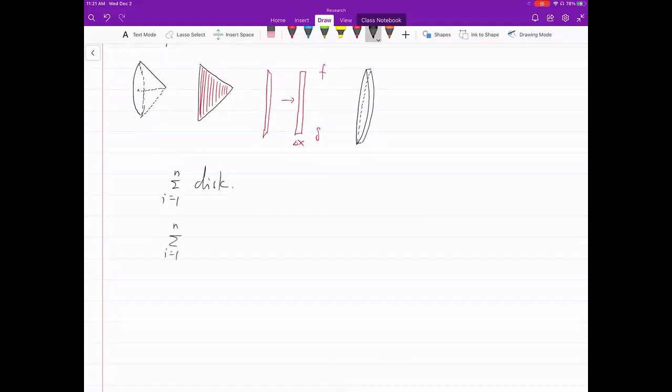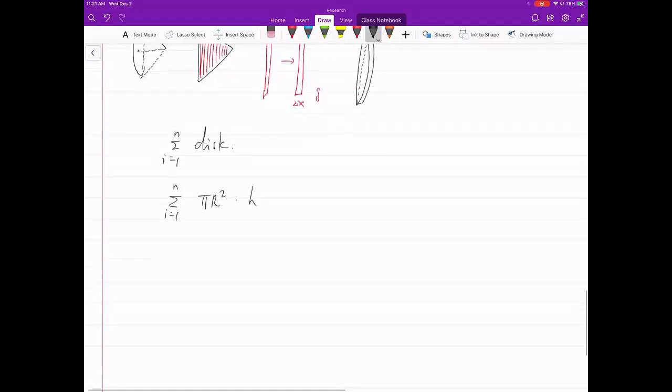Then all you need to do is figure out the volume of a disk. Do you know the formula for the volume of a disk? What is a disk? It's basically a very thin cylinder, right? Do you know the volume of the cylinder? Pi r squared times h.